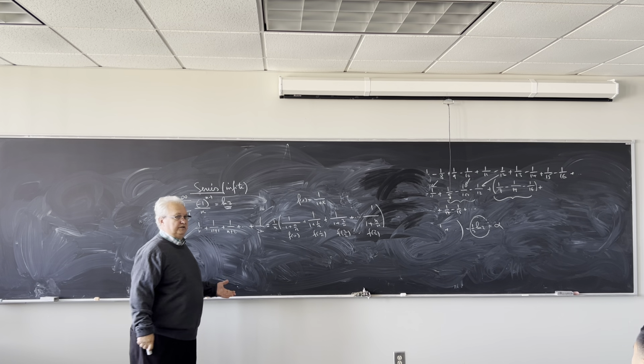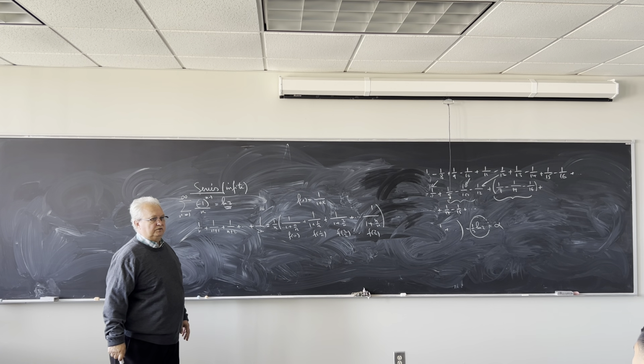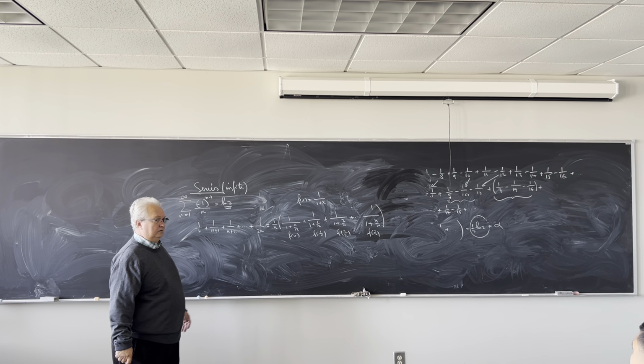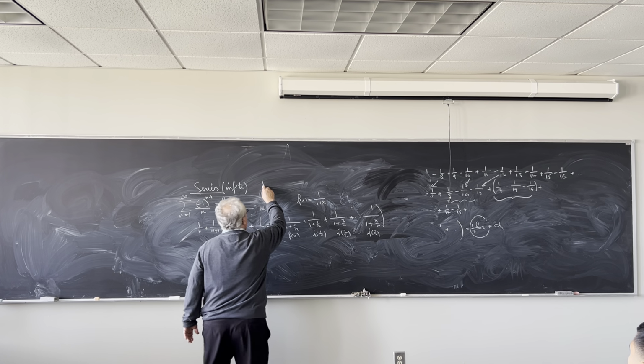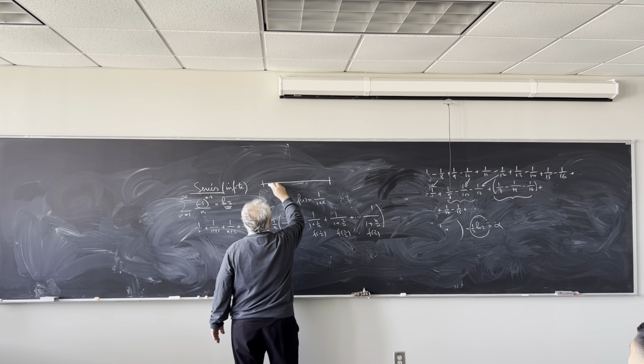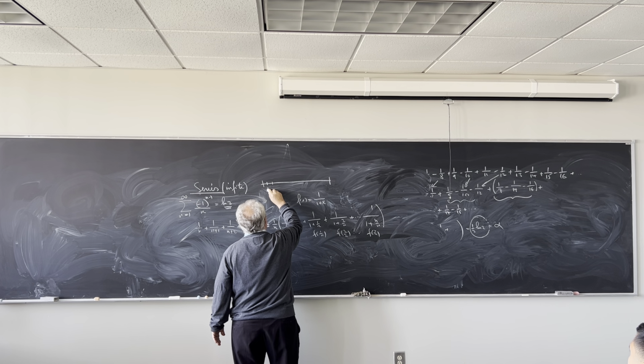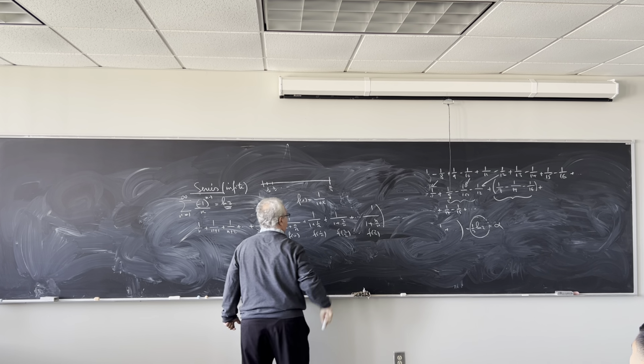So in other words, this is just the average values of this function for the inputs 0 over n, 1 over n, 2 over n, all the way to n over n.